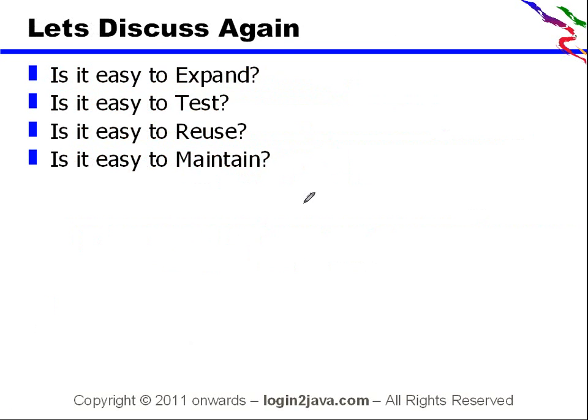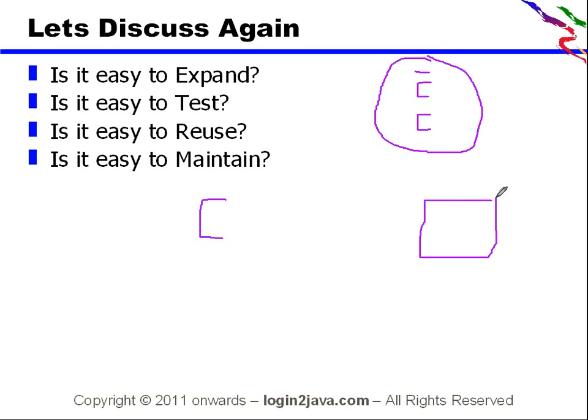So let's discuss again: what is the implementation? This is our client class. We are having one interface and two classes implementing it, in a separate module or in a separate package, or maybe within our own application we can have these things, right?